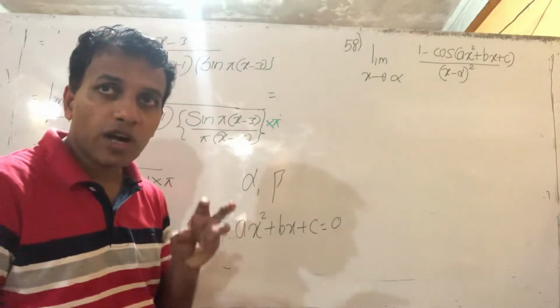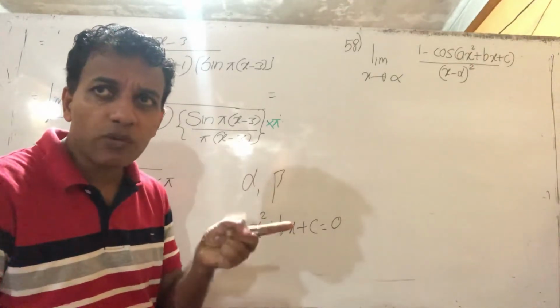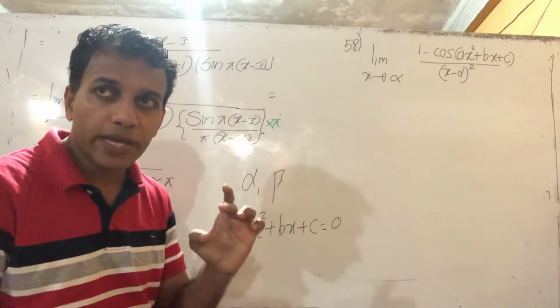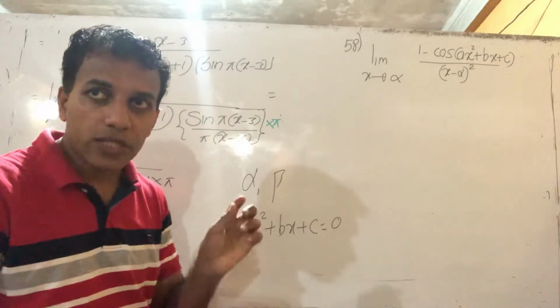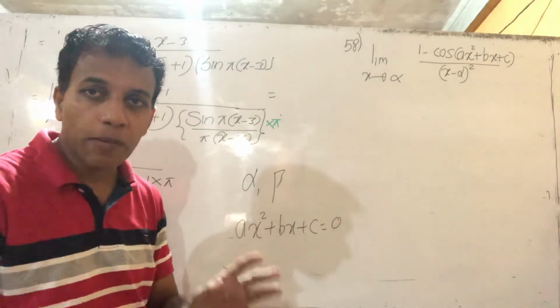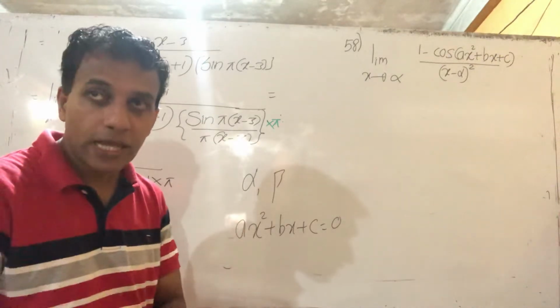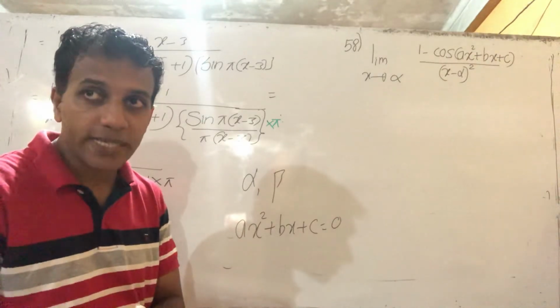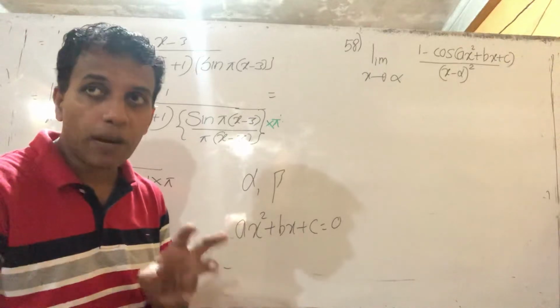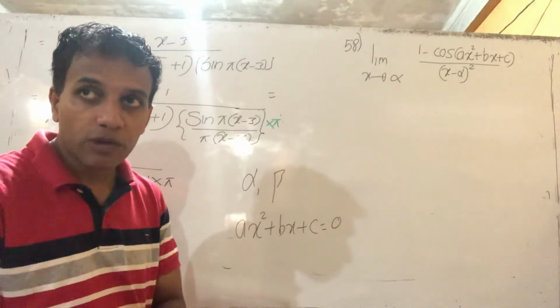The roots are alpha, beta. You know how to write the quadratic equation when the roots are given: x square minus sum of the roots into x plus product of the roots, is it?